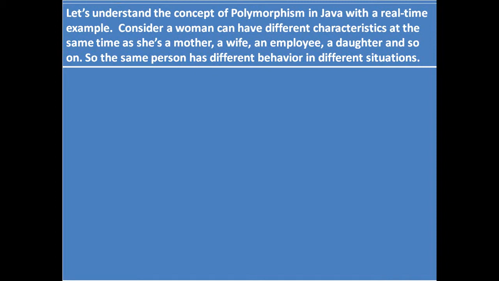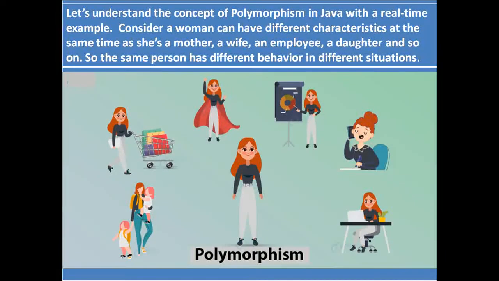Let's understand the concept of polymorphism in Java with a real-time example. Consider a woman can have different characteristics at the same time, as she is a mother, a wife, an employee, a daughter, and so on.